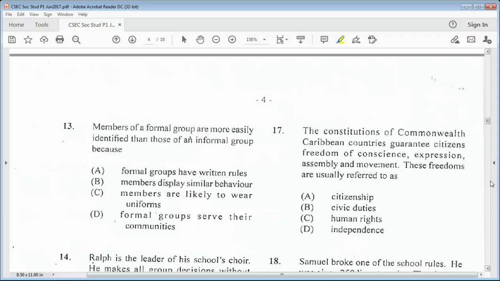So we know our answer would be, because it says formal groups easily identified, and we know that would be C, members are likely to wear uniforms. For example, school children. All right, let's go on to number 14.